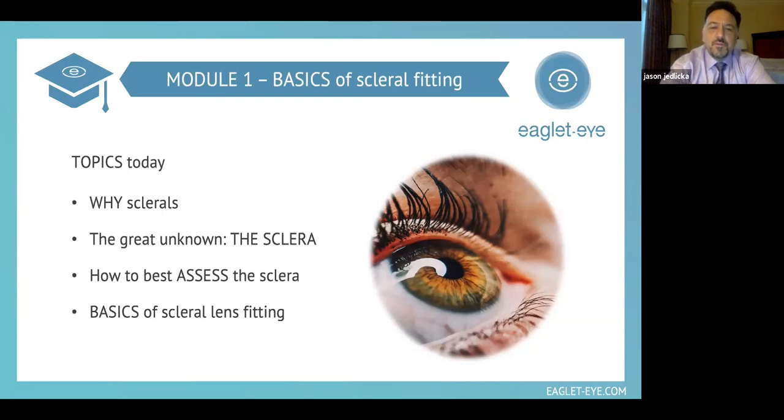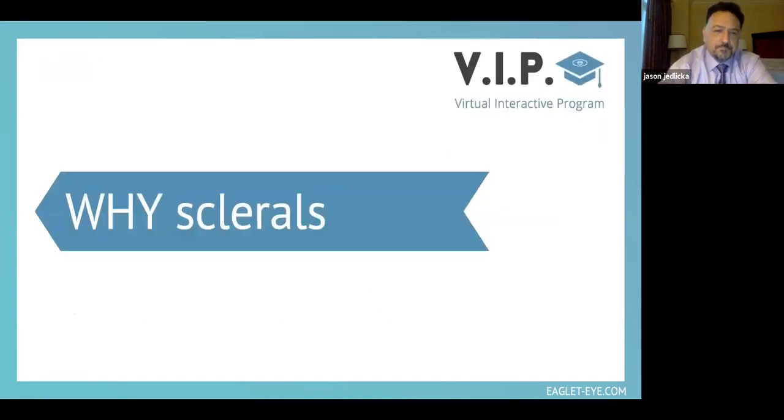We'll also talk about the great unknown, and that is the shape of that sclera that we're fitting the lens to. We'll talk about how to best assess the sclera. There's lots of ways we can assess shape, some much more convenient and efficient than others. And then we'll go into a little bit of the basics of scleral lens fitting, but I'm going to save a lot of the more exciting scleral lens fitting concepts for our future modules.